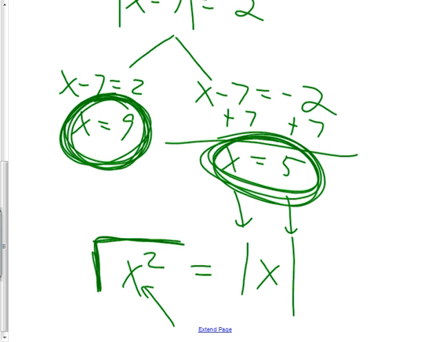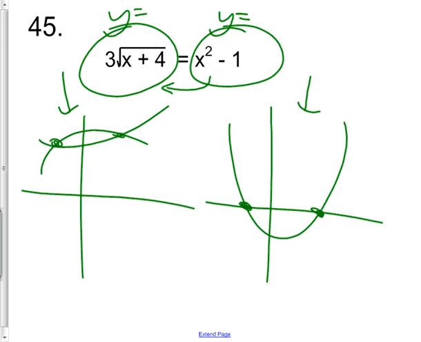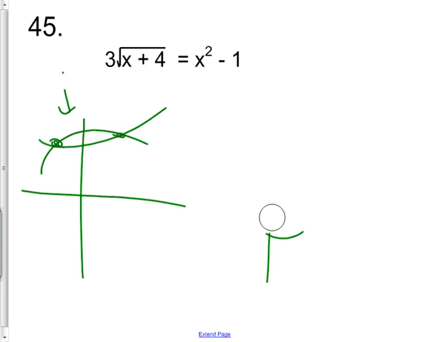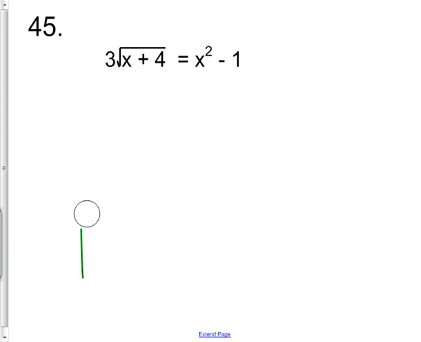So now, when you see a problem like this, this is particularly awful because it's got both. It's got a square to get rid of, and it's got a square root to get rid of. Let me just show you how almost everything that you've learned comes into play on this.